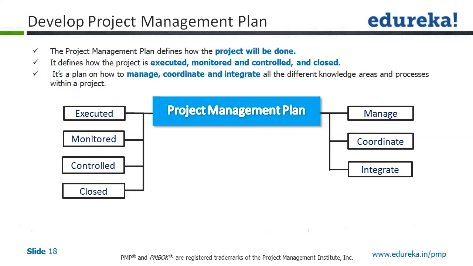The project management plan very clearly defines how we are going to execute this project. It also defines how the project is executed, monitored, and controlled. And this is going to be a plan which will help us to manage, coordinate, and integrate the different knowledge areas and processes within the project.